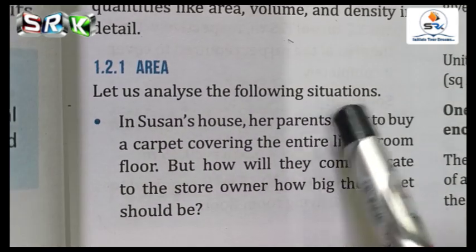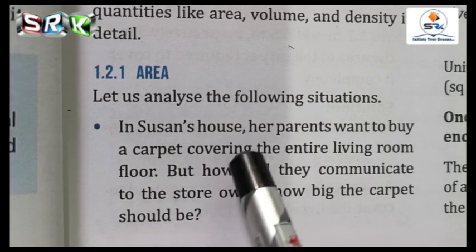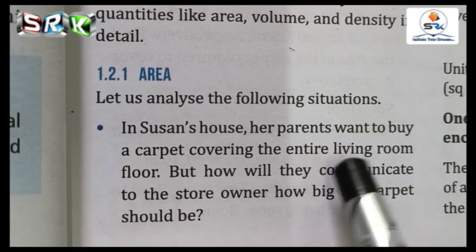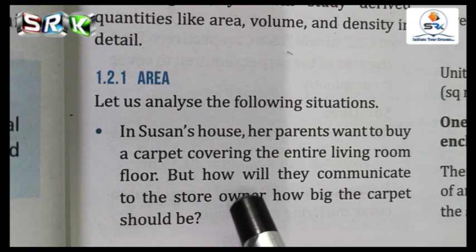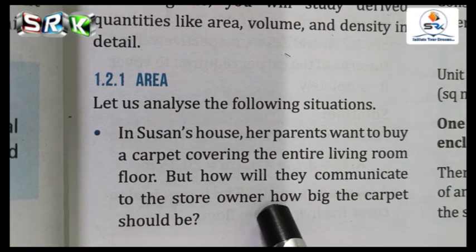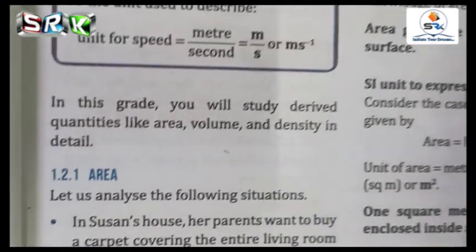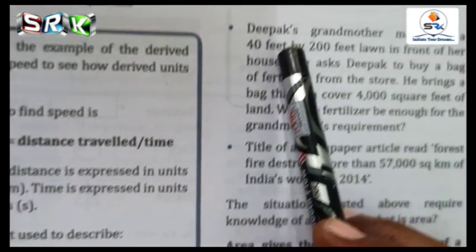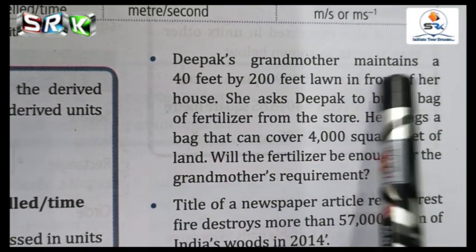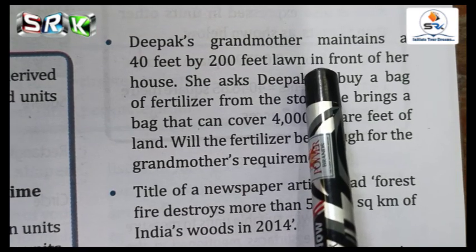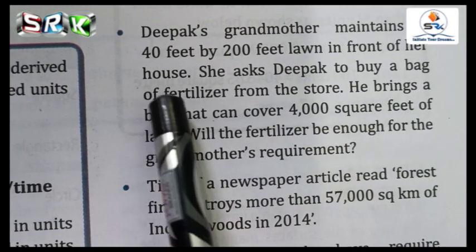Let us analyze the following situations. In Susan's house, her parents want to buy a carpet covering the entire living room floor. But how will they communicate to the store owner how big the carpet should be? Another example: Deepak's grandmother maintains a 40 feet by 200 feet lawn in front of her house.